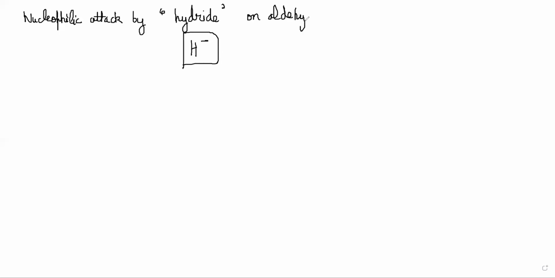So he talks about the fact that actually H minus cannot attack as a nucleophile. So he's saying nucleophilic attack by the hydride ion is an almost unknown reaction. Then why is he making the section name like that, right? The section name is saying nucleophilic attack by hydride, but there are quotation marks on top, right?